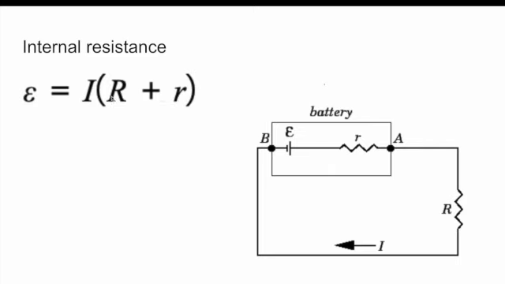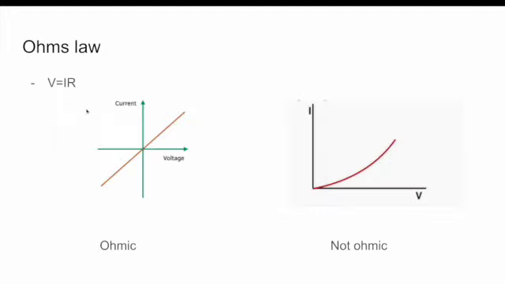So this is just V equals IR, but expressed as a sum of the internal and the external resistance. One thing to note here is that if it asks you for terminal voltage, which basically is this E right here, minus I times small r, the voltage available in the circuit, that is literally just V equals IR.